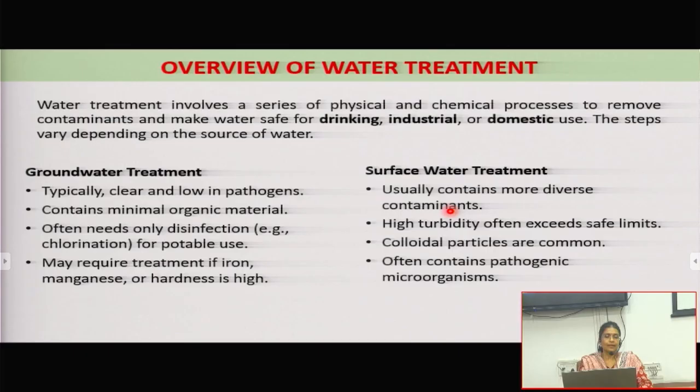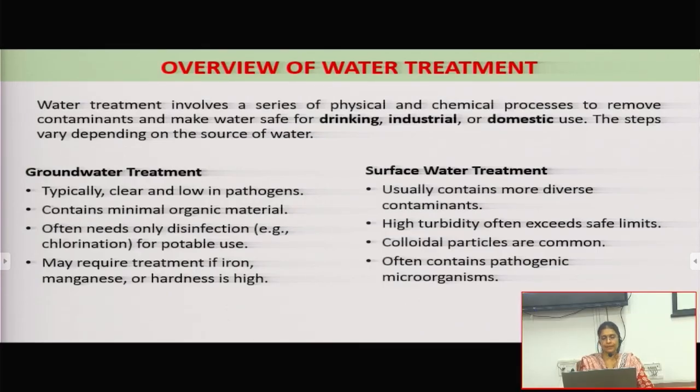Then, if you look at organic contaminants, they are more so in a surface water stream when compared to groundwater. Groundwater might have higher amounts of dissolved iron and manganese, such dissolved metallic impurities, which are usually not seen in surface water.